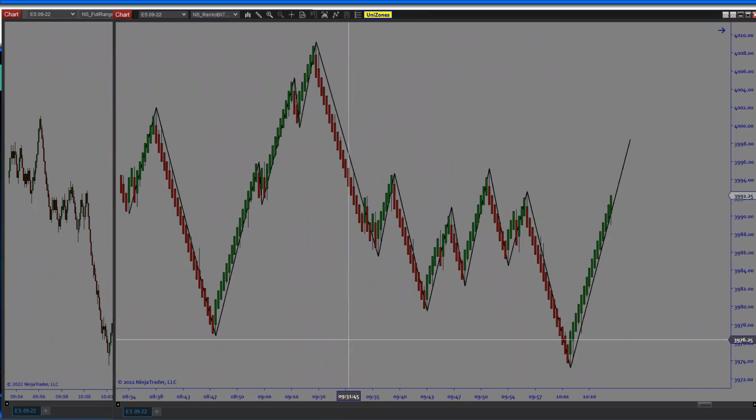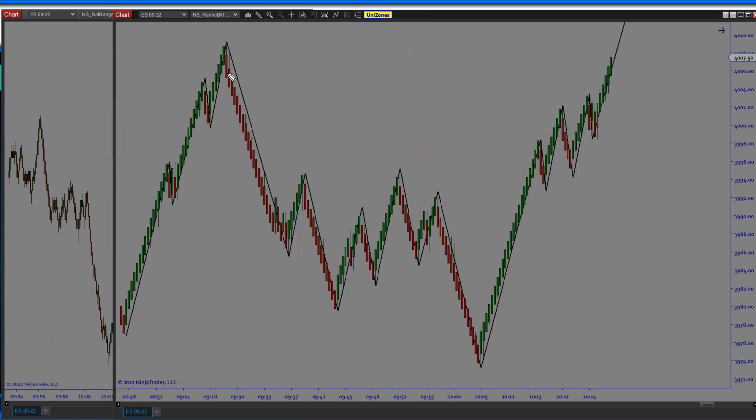So in these pivots, we have pivots that go on to break structure. This pivot did not break structure. This pivot went on to break structure. This pivot did not break structure. This pivot did not break structure.